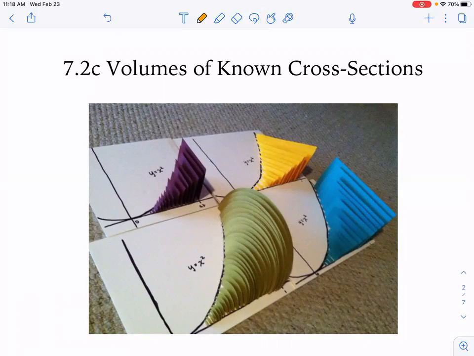So let's talk about integrals and how integrals add up things. If I were to ask you to find the volume of each of these slices, they're all basically a prism. How do we find the volume of a prism?